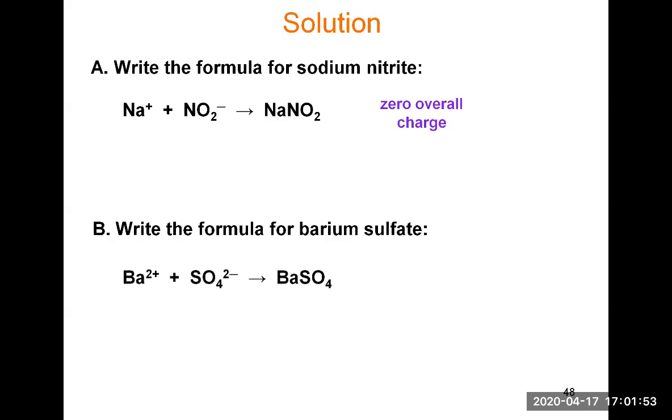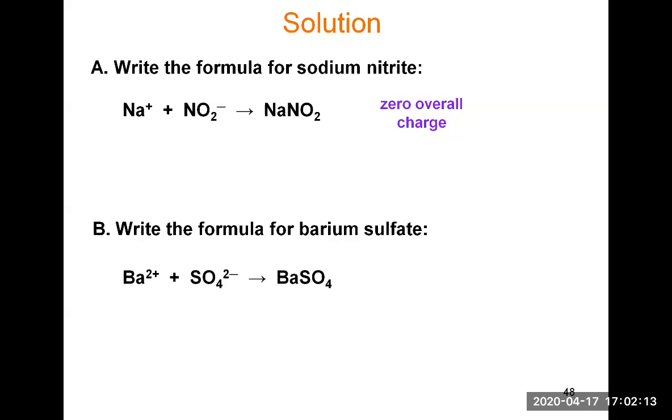And so Ba2+ and SO4 -2, when you put them together, you see that the charges will cancel because barium carries 2 positive charges and sulfate carries 2 negative charges. It's the same number of opposite charges, so they cancel out.